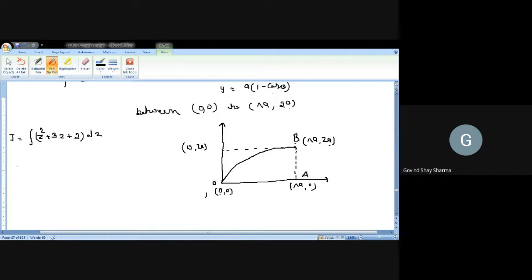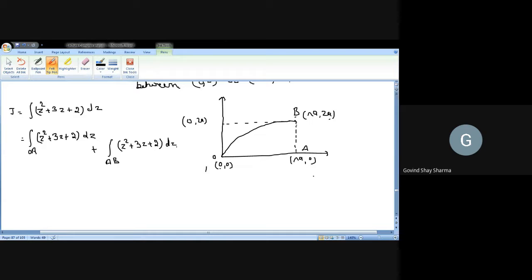So we can divide it into two parts: the integral over OA of z square plus 3z plus 2 dz plus the integral over AB. Here we take z equal to x plus iota y.